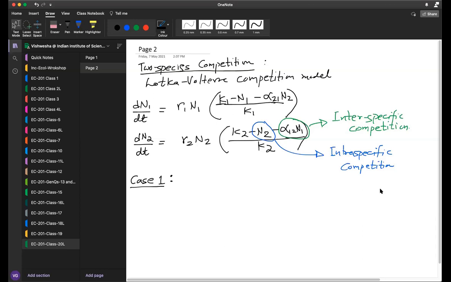Okay, so now let's think of all the 4 cases that we discussed last time. If you remember how to compute the net effect of competition: as we said, 1 unit and alpha 2,1 is the per capita influence. Now if you think of net effect, let's think of species 1.